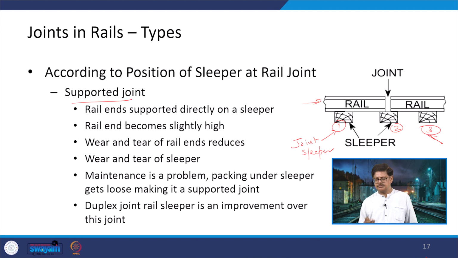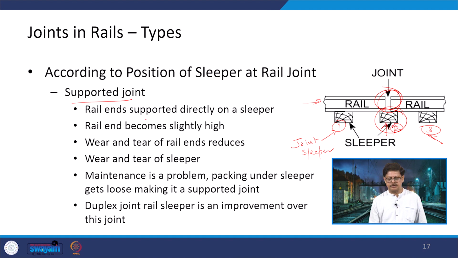But in this case, sleeper 2 has been inserted just below the joint, and as soon as it is inserted at this location, whatever weaknesses there have been in the joint itself because of the discontinuity, because of no material available at that particular location, are given support from the bottom.